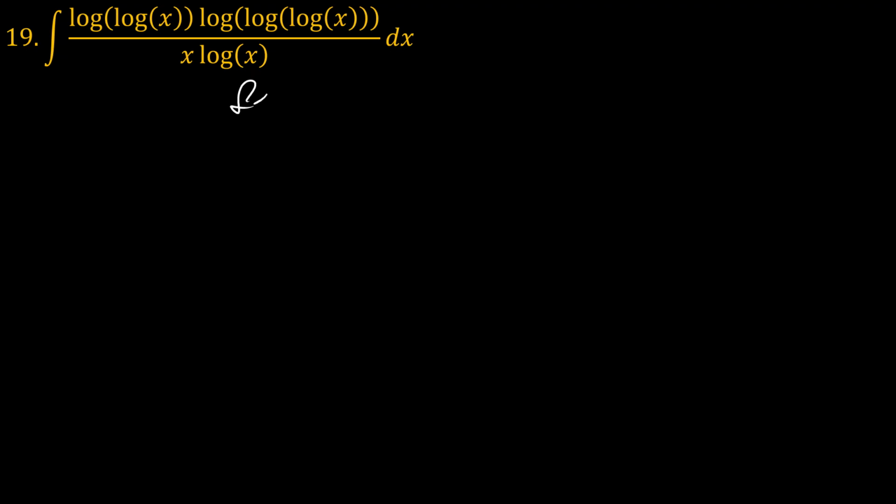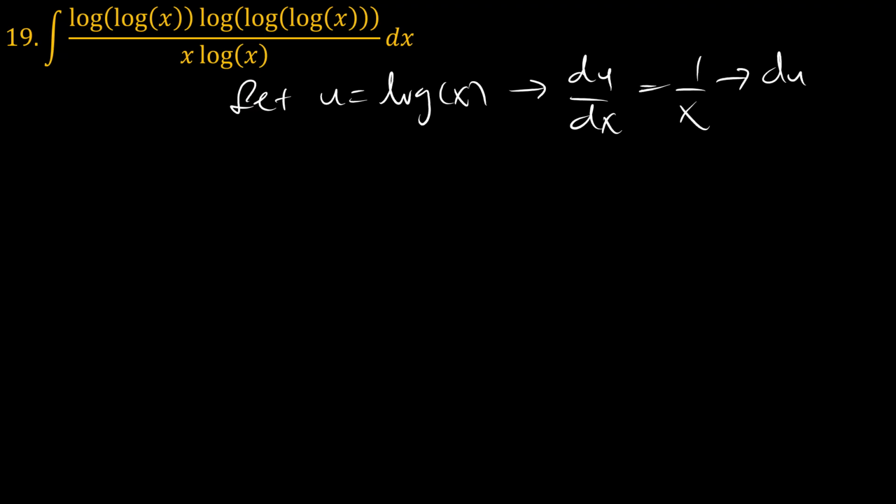So problem number 19, which is an indefinite integral of the natural logarithm of x times the natural logarithm of the natural logarithm of x over x, which is too nested, but I think our strategy here is to substitute, and we can say let u be equal to natural logarithm of x, which means that du dx is equal to 1 over x, which means that du can be used to substitute dx over x.